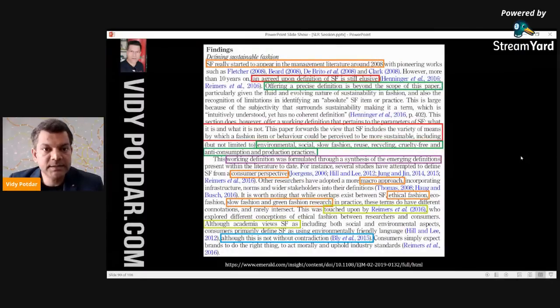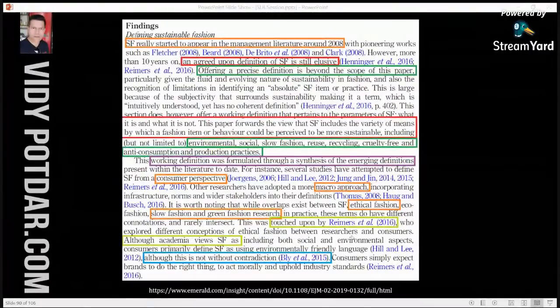In their findings, here you can see the approach that they have taken is synthesizing information from a number of resources, from a number of studies. They start off by stating that sustainable fashion started to appear in the management literature around 2008 with the works done by these researchers.